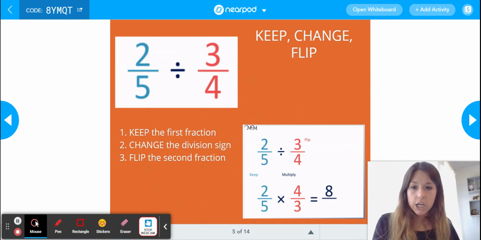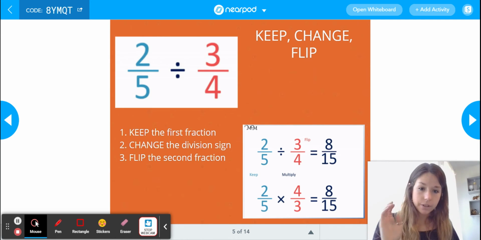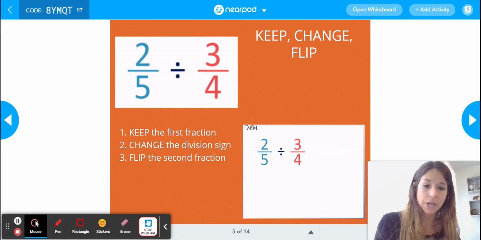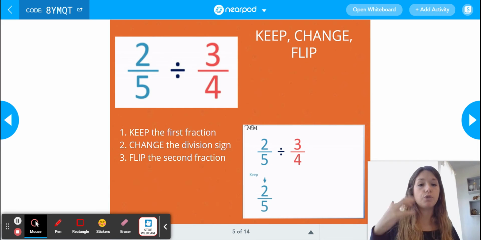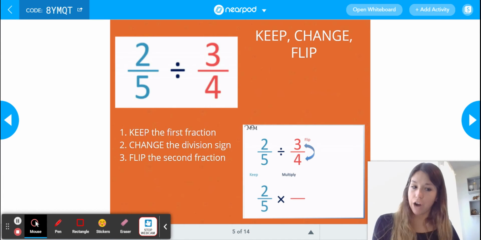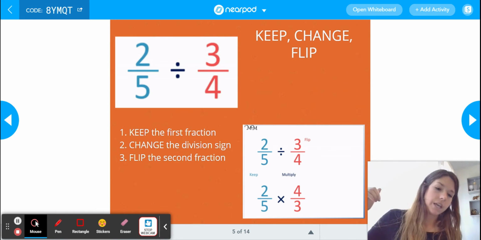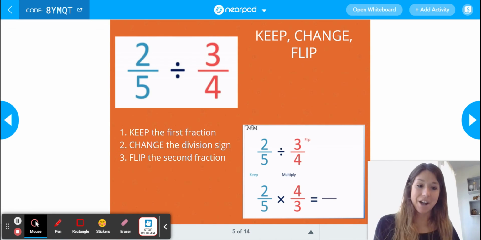So our equation, instead of 2/5 divided by 3/4, we now have a multiplication equation. It becomes 2/5 times 4/3. And we know how to multiply fractions. We multiply straight across with the numerators and straight across with the denominators.